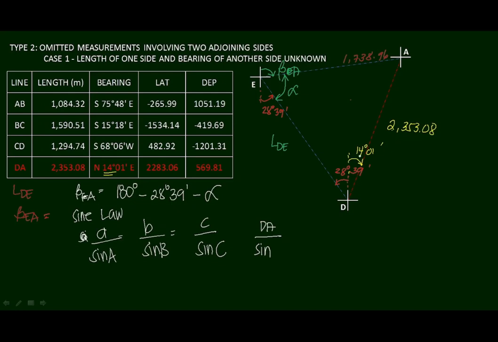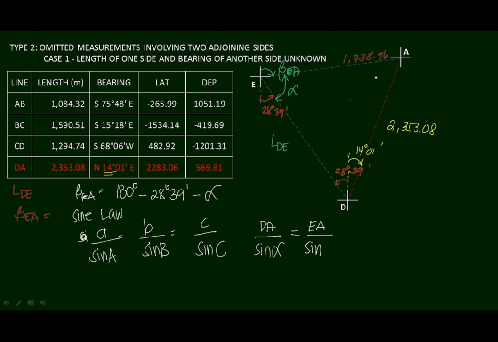The angle opposite DA is alpha. Tama? Ulitin ko. Yung angle opposite DA is my alpha. That is equal to, let my B be equal to, ano pa ba yung given dito? EA. Yung EA, given yung kanyang distance, let that be my B over sine.